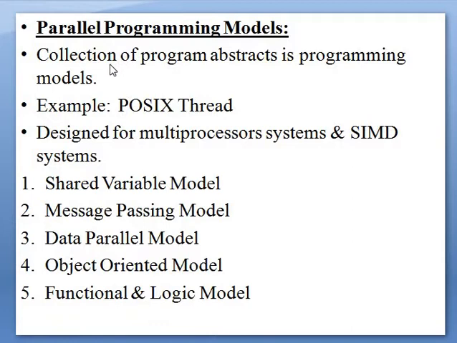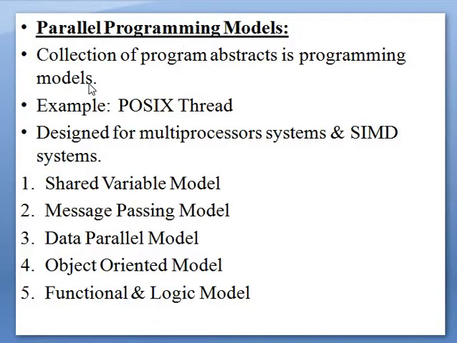A simple definition: it's a collection of the abstracts of each program, and we assemble them and call it one programming model. Here what will execute in parallel are the abstracts of each program. Since there are many such abstracts of each program, those will try to execute in parallel, hence we call it parallel programming models.